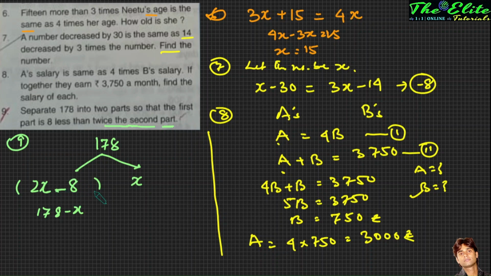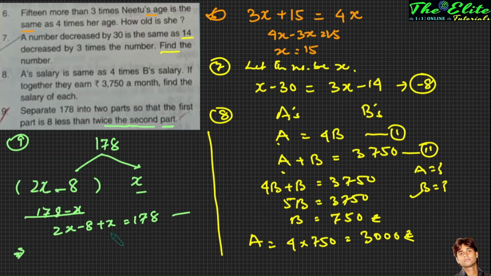This is the second number, this is the first number. Now adding both of them will be equal to 178. So 2x minus 8 plus x is equal to 178. That is your equation. This is what you had to find out.